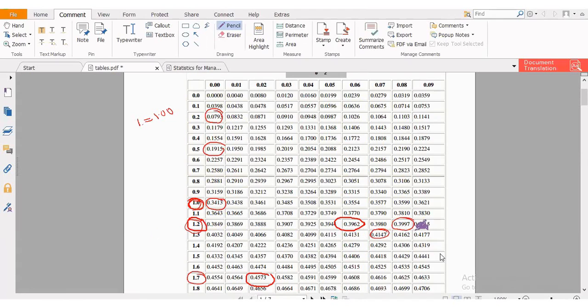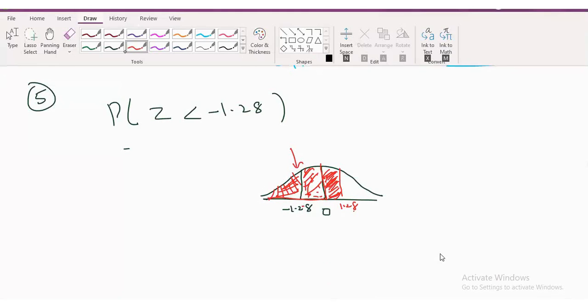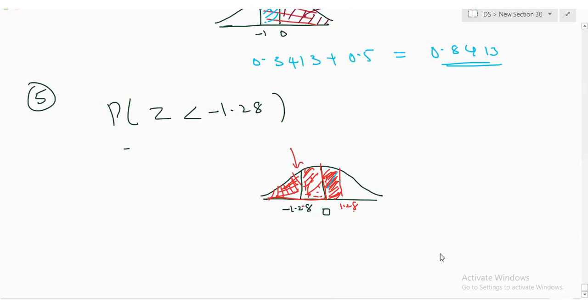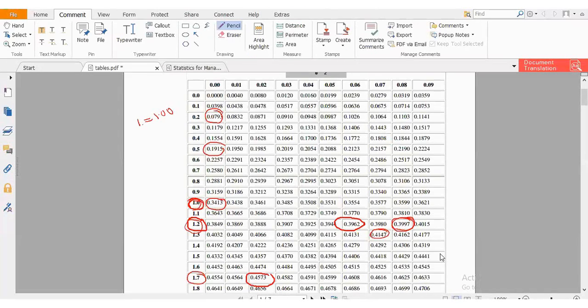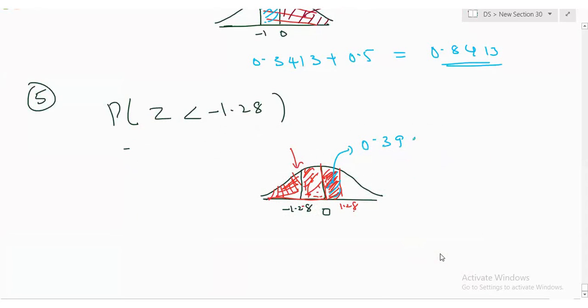So I need to add this one, right? How much is this area? 0.3997. So this piece is 0.39, how much guys? 97. Agreed? So this area is also the same.